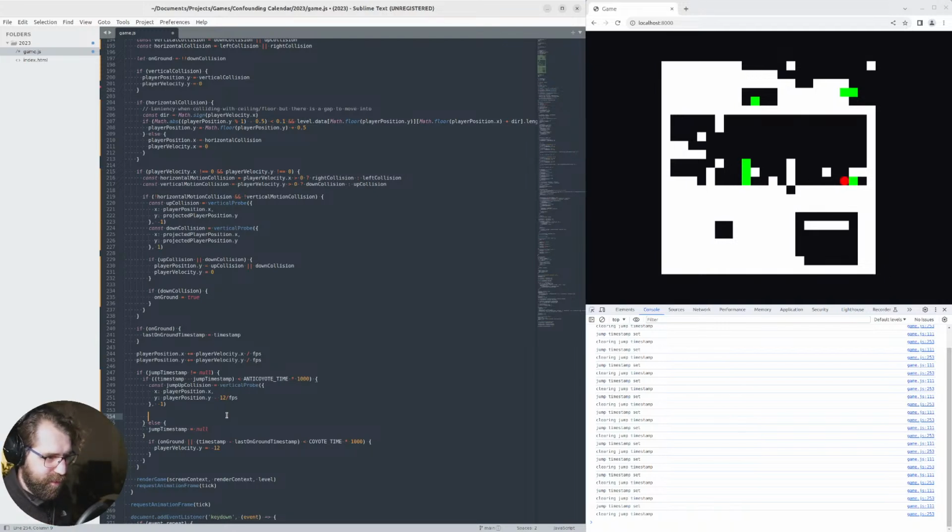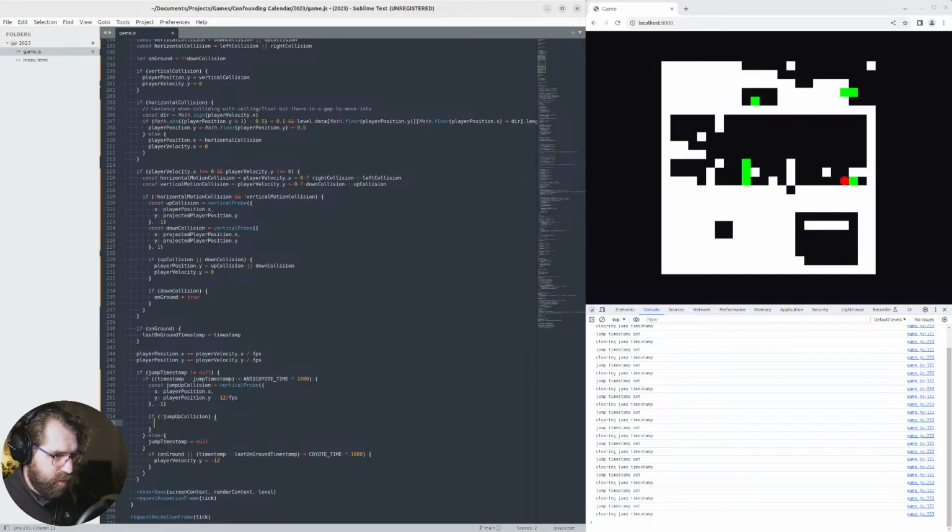There's a jump queued, it's within the window, but there is a collision. We don't want the jump to happen, so nothing happens. If there is no collision, we jump. And do we also then set jump timestamp to null? Yes, because we don't want that to be a jump queued anymore.